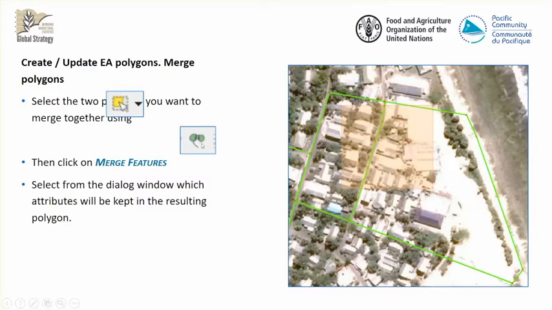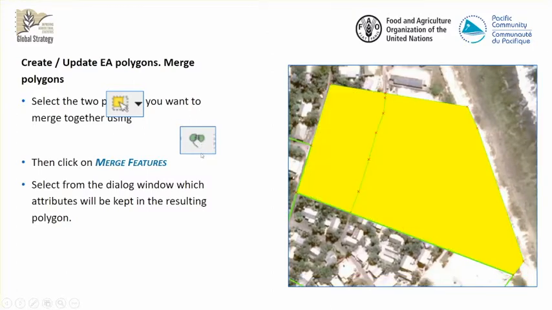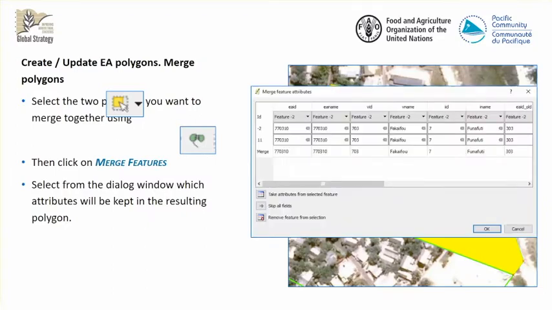And then once we have selected two, three EAs, we click on this button here, which is the merge tool, okay? We click on the merge tool, and then we will have a new window, now we're taking two rows with different attributes.